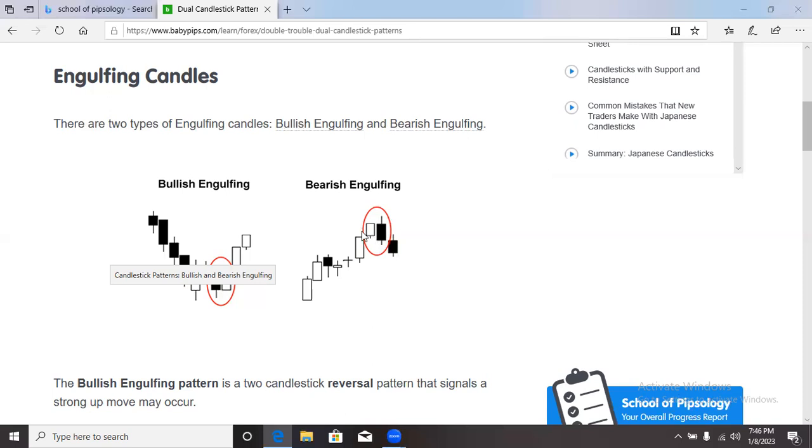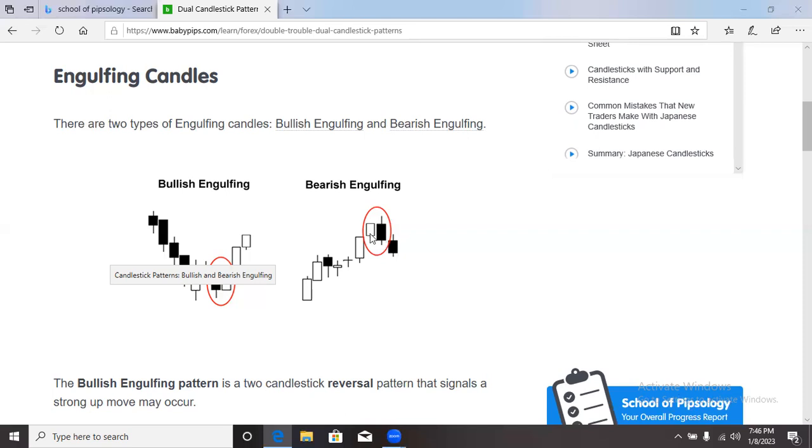This is a bearish engulfing candle. This is a bullish candle, then the next bearish candle engulfs it, it's bigger than the bullish candle. It swallows it up, it overpowers it.